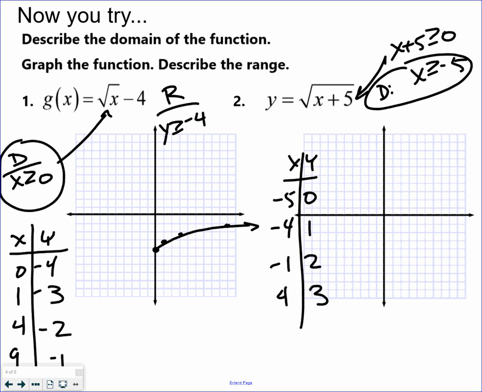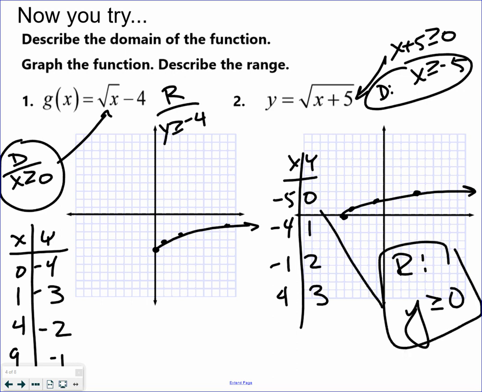So negative 5, 0. Negative 4, 1. Negative 1, 2. 4, 3. Again, it only goes in one direction. The range, y is greater than or equal to 0. It's always the start of your XY chart.